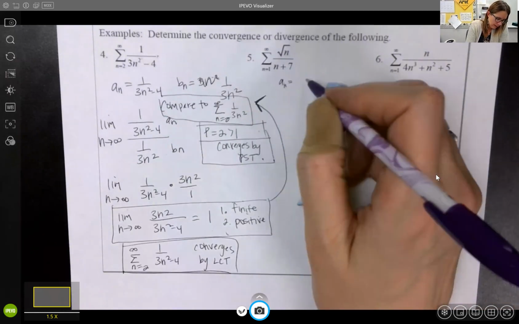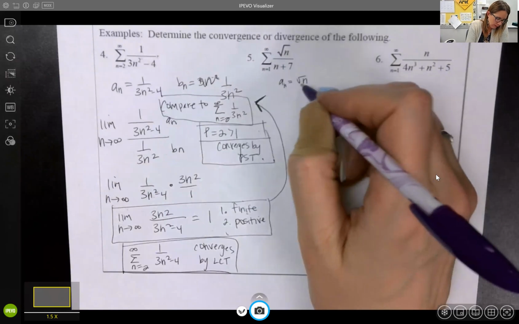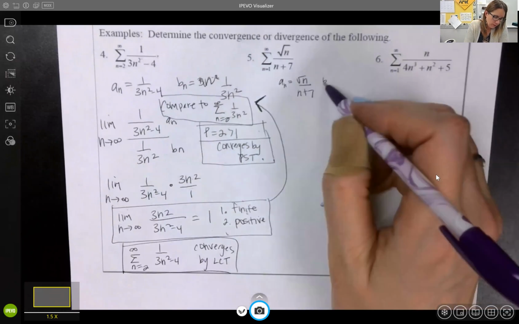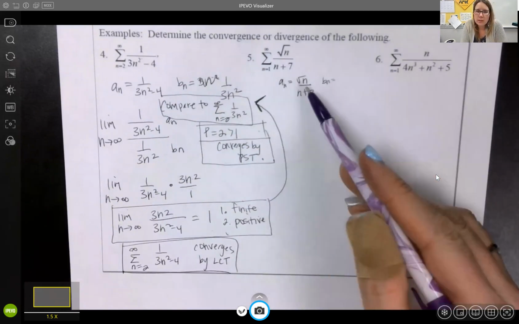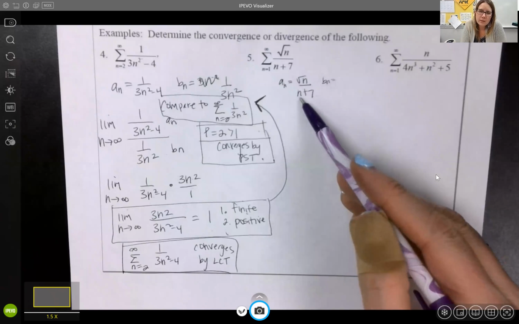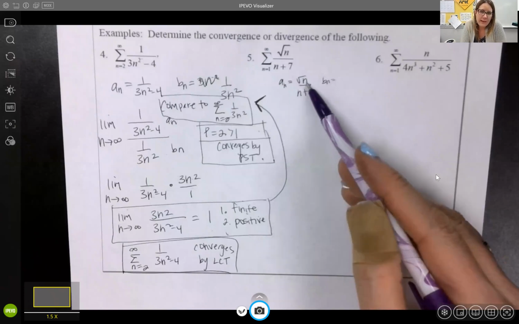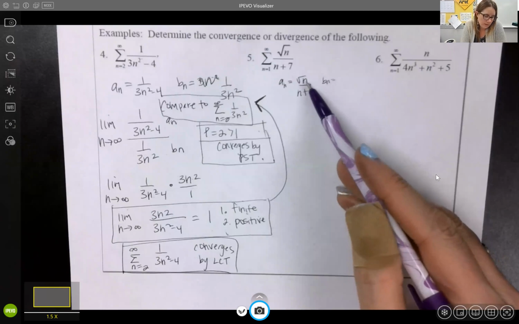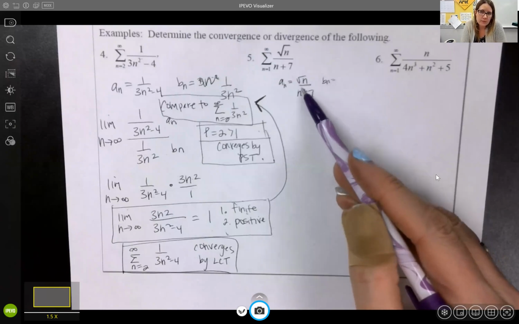An is the square root of n over n plus 7. So I want these powers to be equal. The power on the bottom is a 1, and the power on the top is a half. So what do I want to multiply this half by to get a 1? Hopefully you're thinking another half.